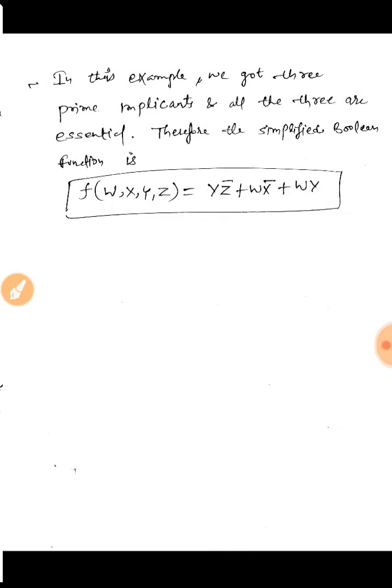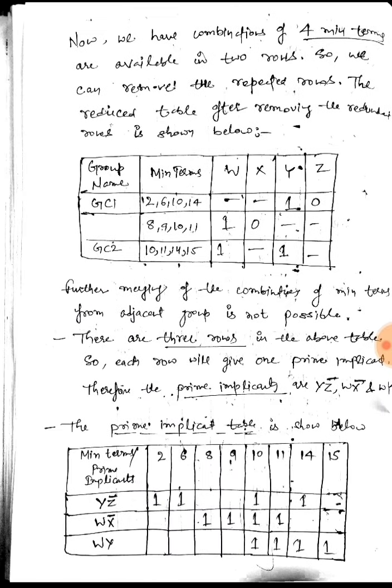Now we can see that minterms 2 and 6 are covered only by the prime implicant y z bar. So this will be my essential prime implicant.